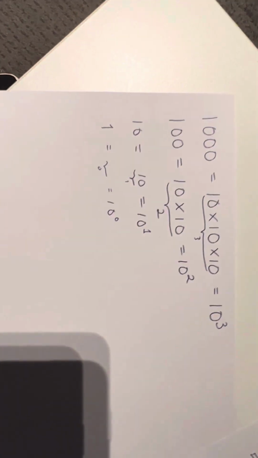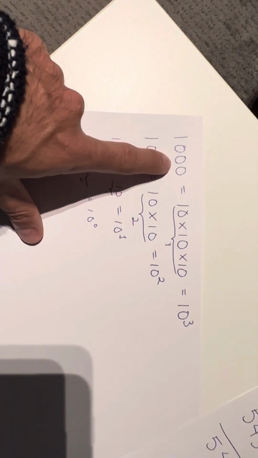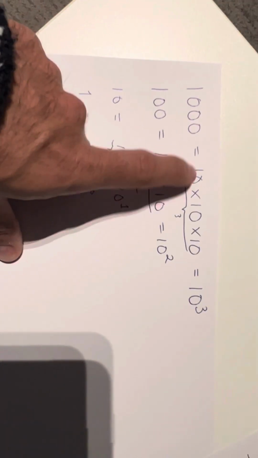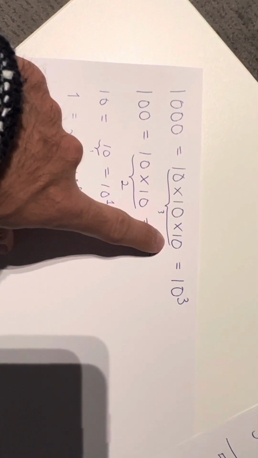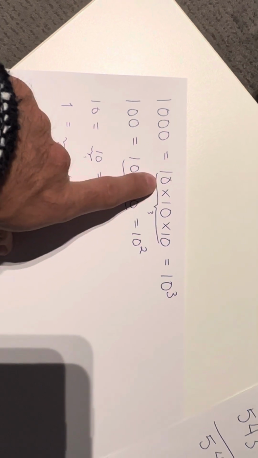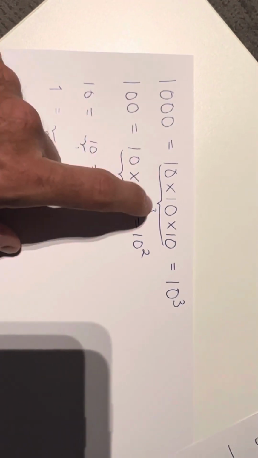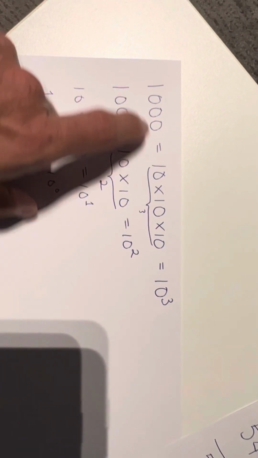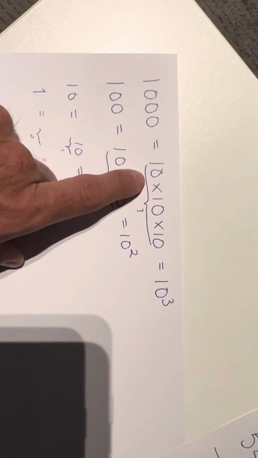The next part that you need to take into account is how you express the bases. 1,000 is equal to 10 times 10 times 10, right? Because 10 times 10 is 100, times 10 is 1,000. So you see, in this case, 1,000 is 10 written 3 times.